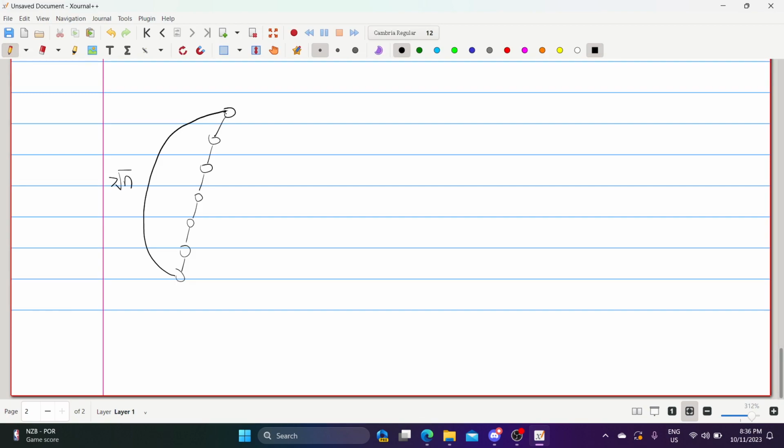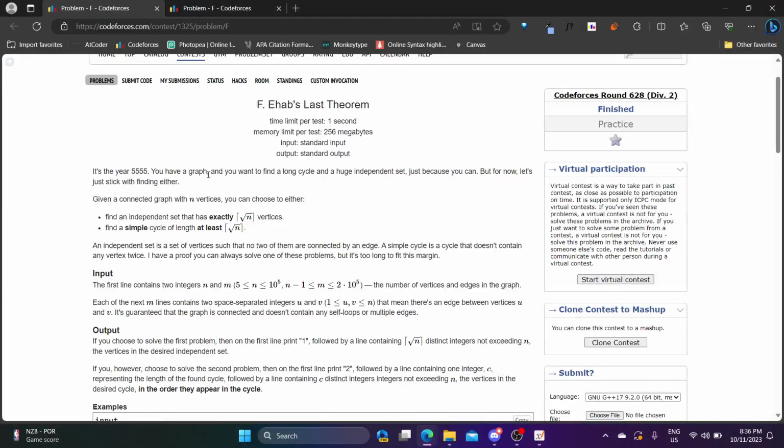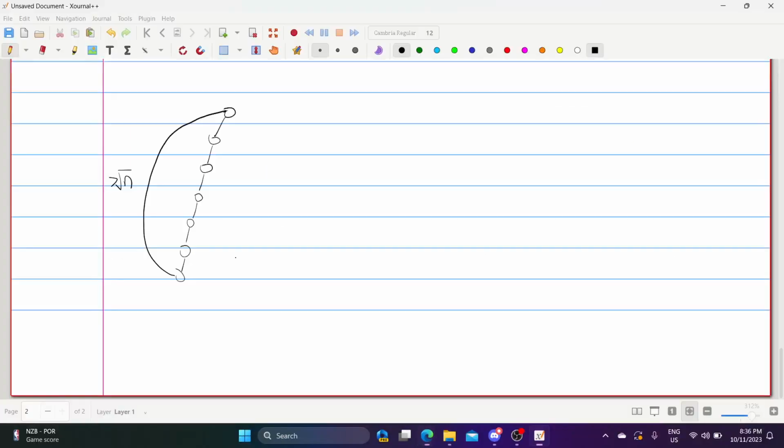If we found a back edge that is more than square root n above it, right, that means we already solved for case 2 where we want to find a simple cycle of at least length square root n. Actually, we can do more than equals. So if there are more than or equal to square root n vertices covered by this back edge, right, we already solved for case 2.